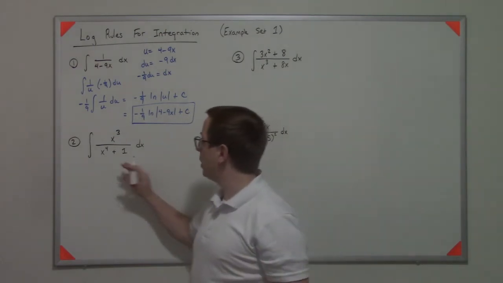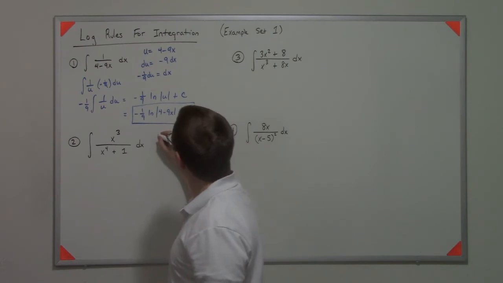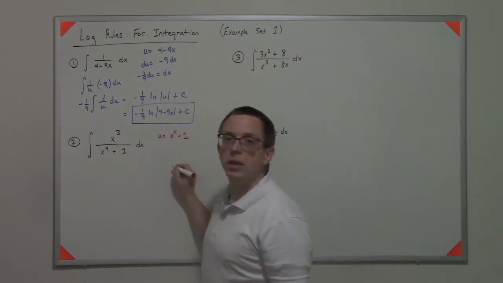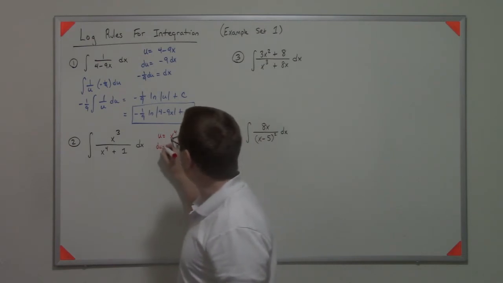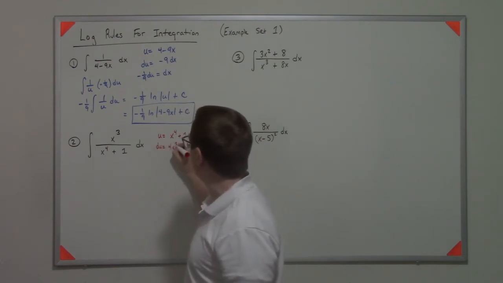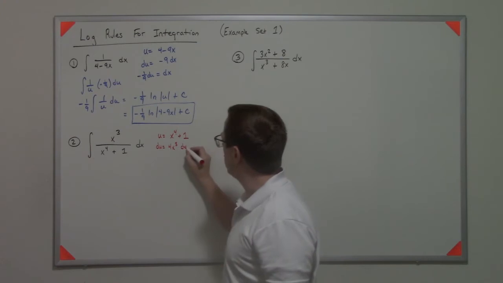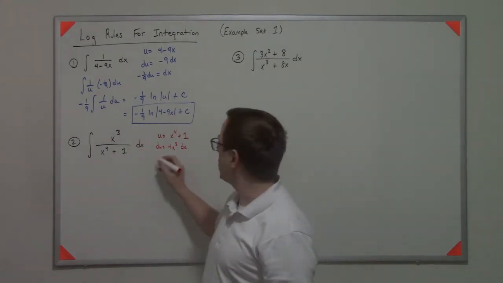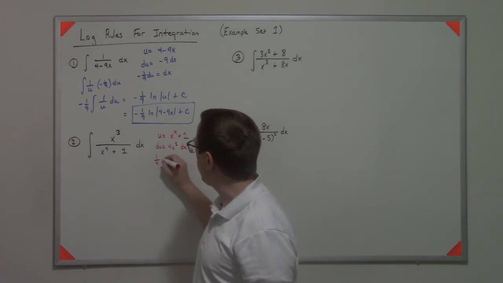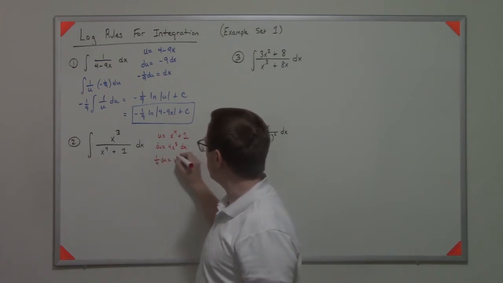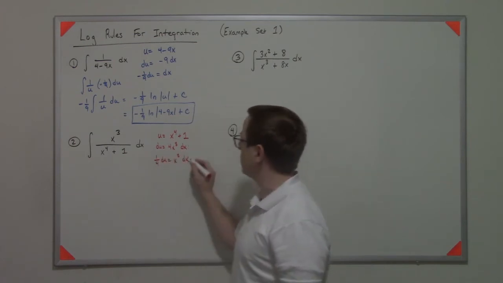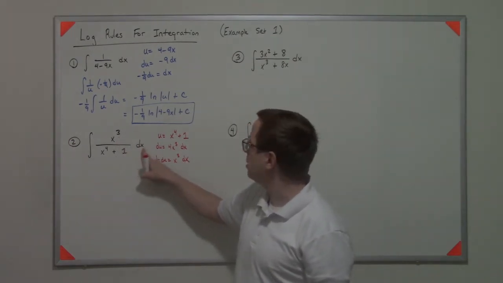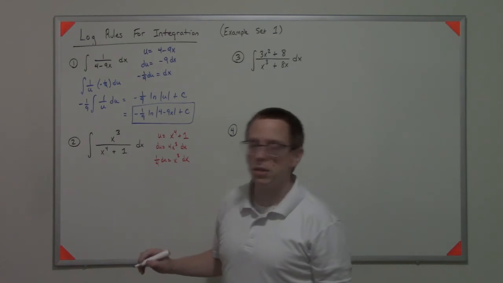So if I take u to be x to the 4th plus 1, then I know that du is 4x cubed dx. So then I have an x cubed and I have a dx. So then I could say 1/4 du is x cubed dx. Okay, so that replaces those two pieces, and that replaces that piece.